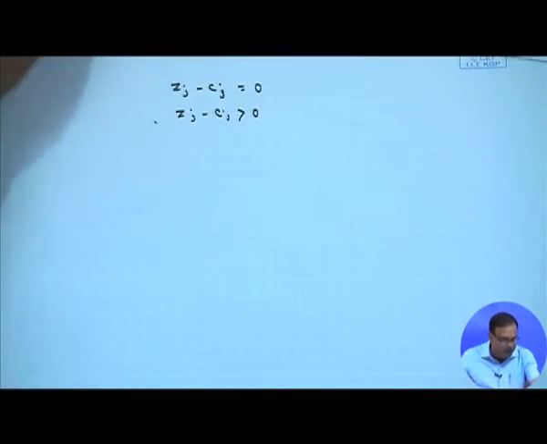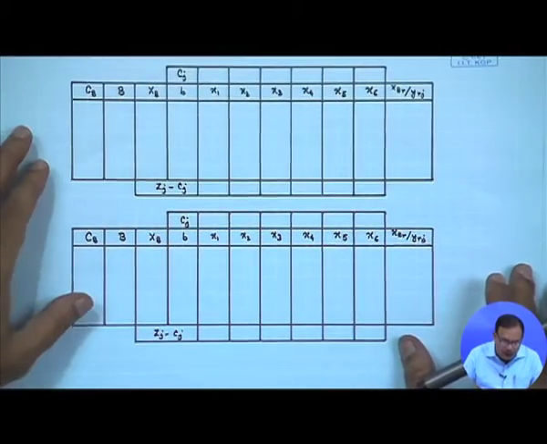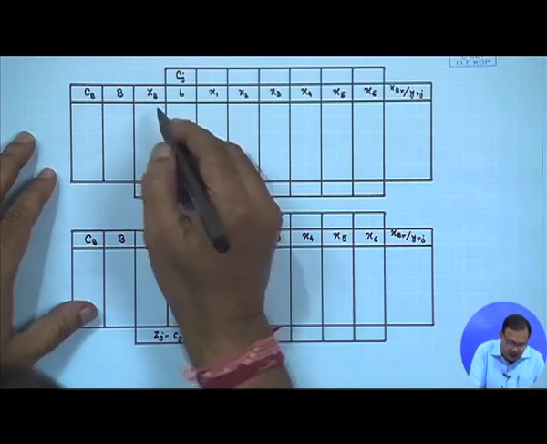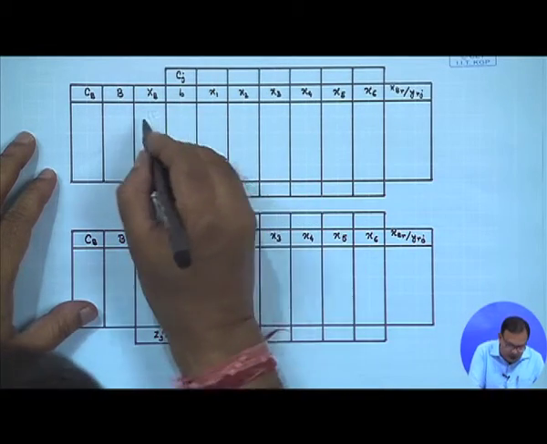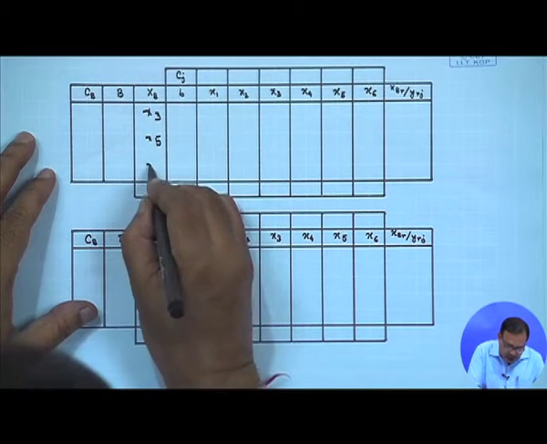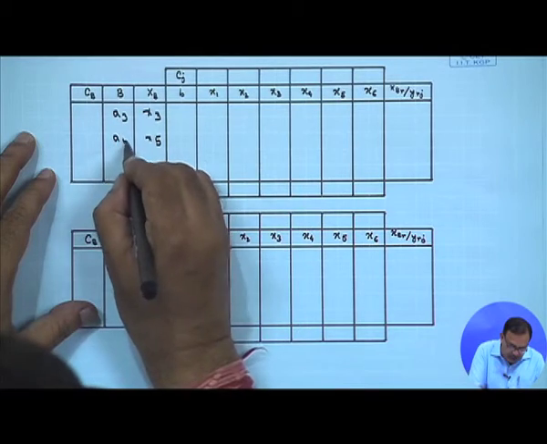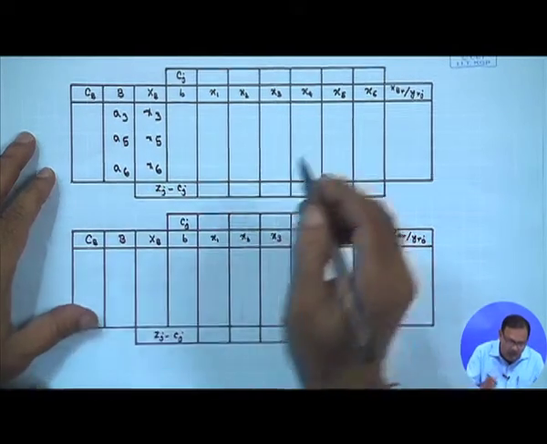So from here, x4 is replaced by x3, so x3, x5 and x6 are coming in the basis. You are having a3, a5 and a6.